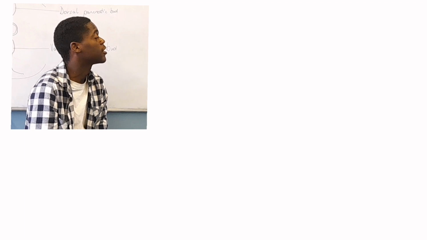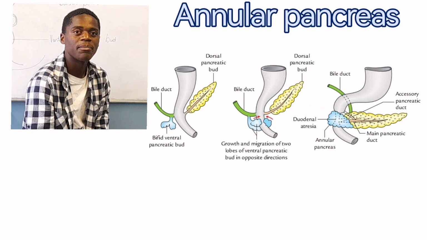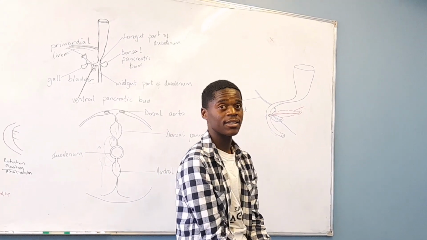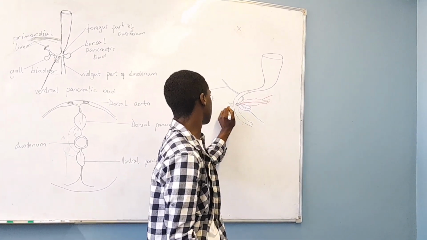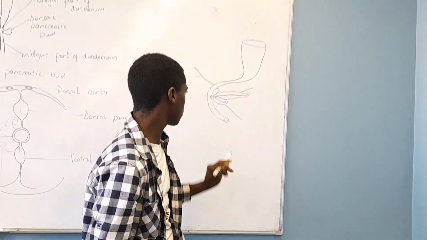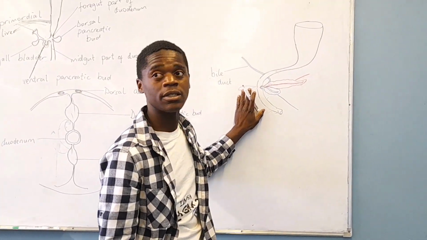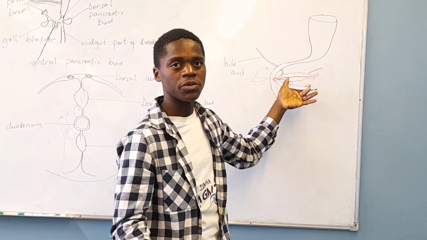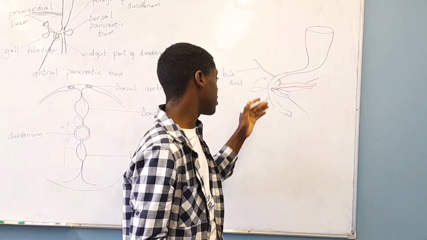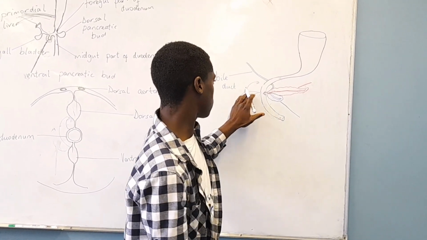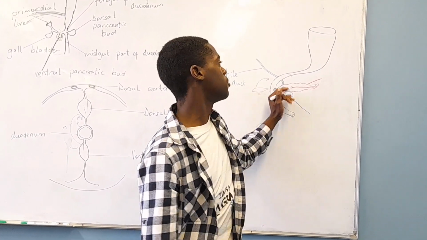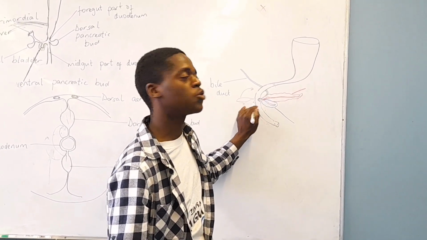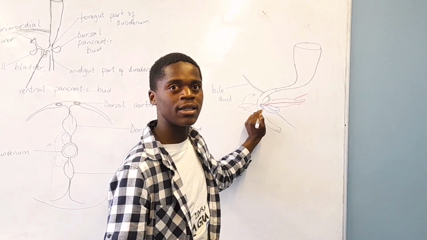We can also have something that we call annular pancreas, right? Initially, what we expect is that our ventral pancreatic bud goes along the right side like this and fuses. But in an annular pancreas, a portion of the ventral pancreatic bud moves in the normal direction, but another portion moves in the opposite direction, towards the left.